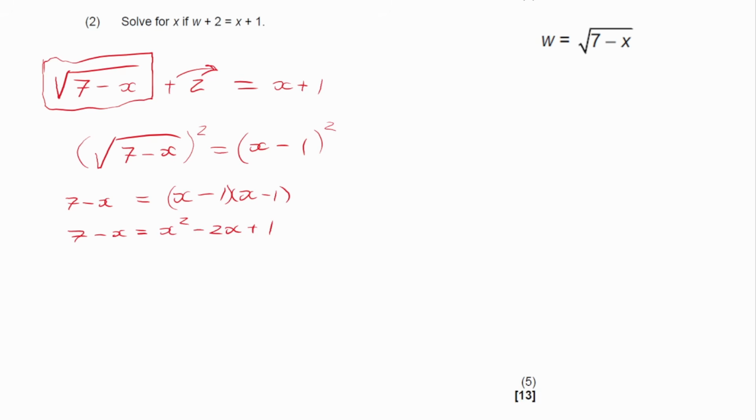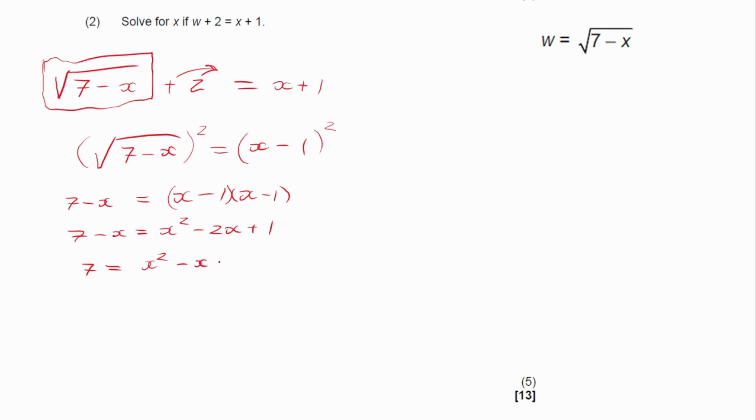Then we just need to get this in our standard form. What we're going to do is we're going to have 7 is equal to x squared.